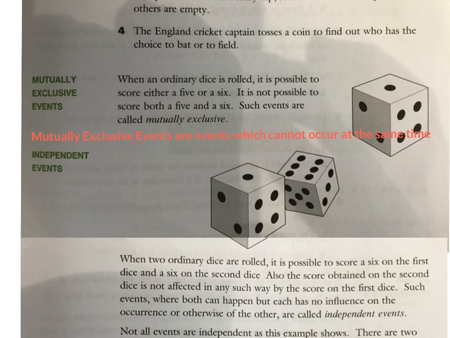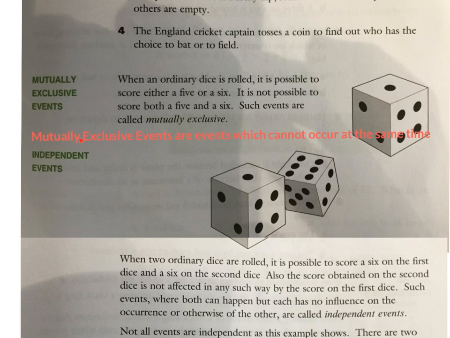So when you roll an ordinary dice, you can get a 5 or you can get a 6, but you can't get both of those at the same time. They cannot occur simultaneously. So because they cannot occur at the same time, they are called mutually exclusive. Sometimes two things can happen at the same time. You can roll a 5 and an odd number at the same time. So in which case, 5 and odd are not mutually exclusive.